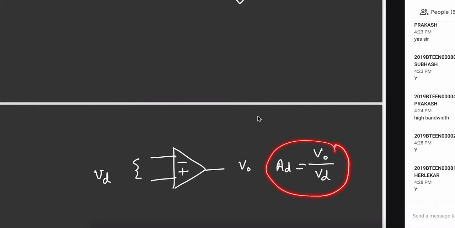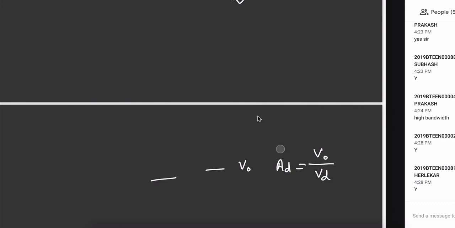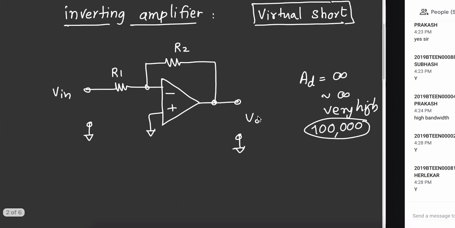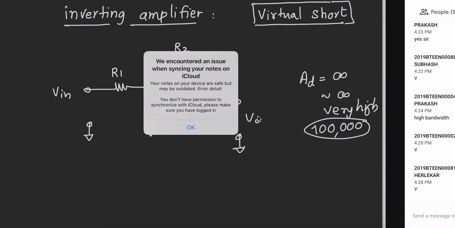So this is the gain of the op amp, which is written here.